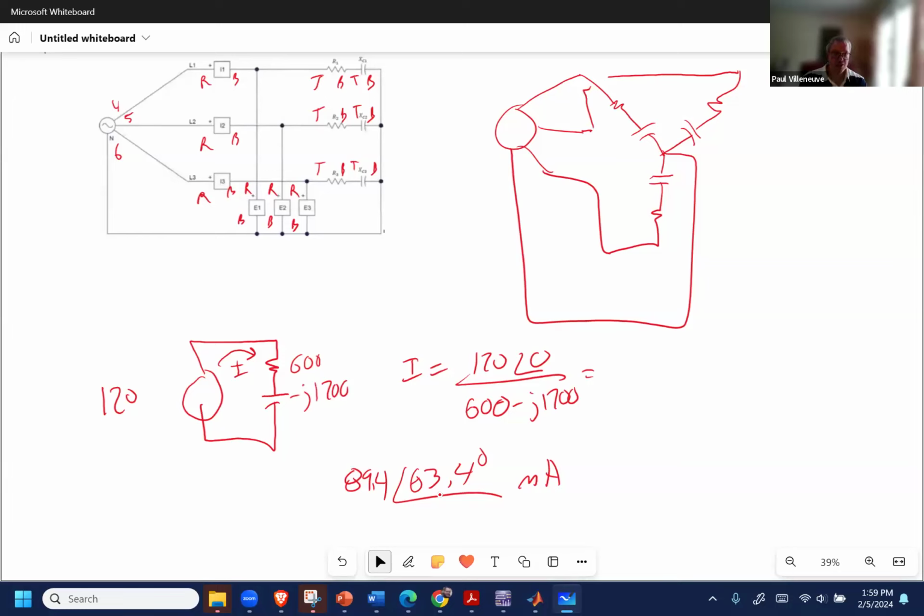It's not a trick question. Anybody? If I have a resistive capacitive circuit, what does ELI tell me?